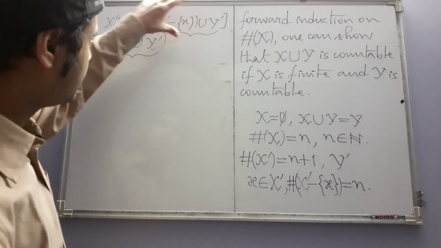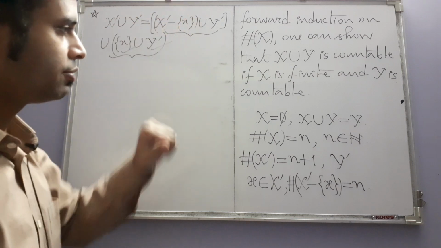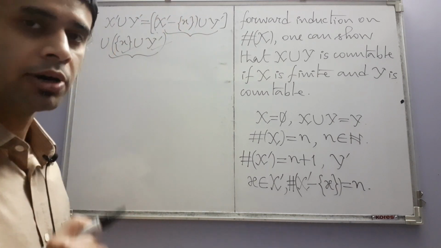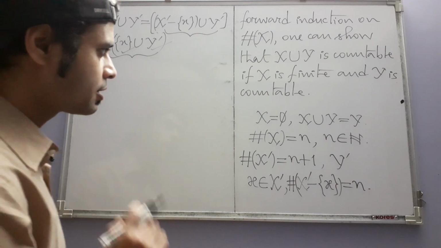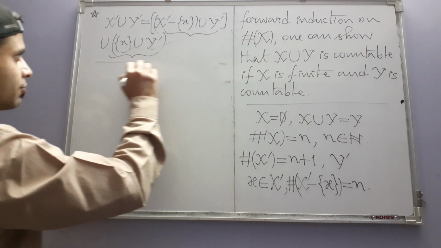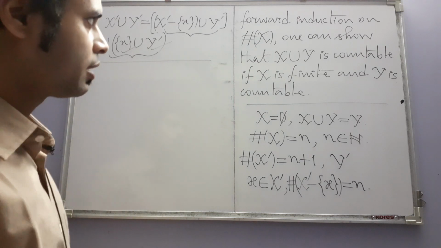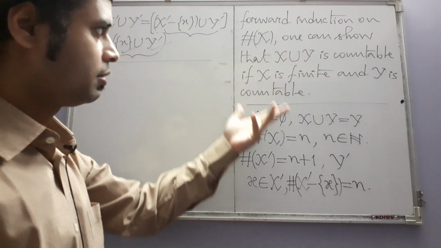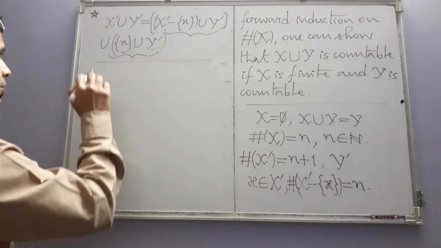So we have again got two countable sets, so their union is countable by our previous Proposition 8.1.10. So that's how, using this induction argument, it follows that for a general finite set X and a countable set Y, X union Y is countable.